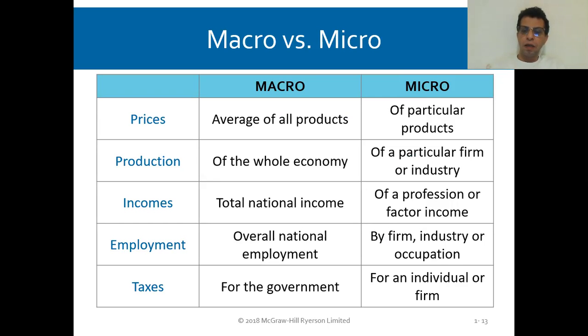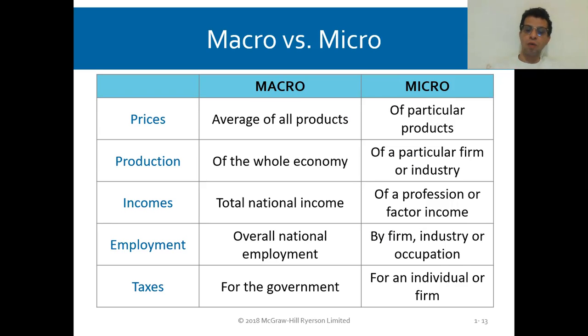A particular entity. Then we talk about income. In macro, we talk about total national income like GDP and GNP. Here we're talking about a certain profession or factor of income. In employment, in macro, we talk about overall national employment. Here, once again, we look at it by firm, industry, or occupation, doctors, lawyers, or teachers.